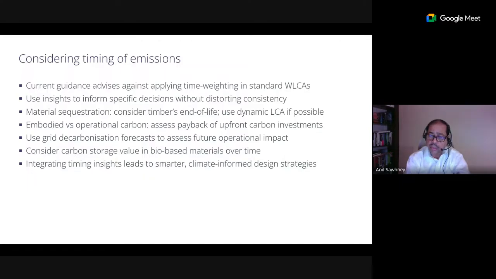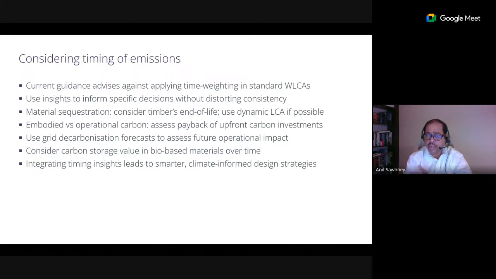Maybe you already use it, but in industry practice we are using static LCA, so time weighting is not being considered. Use insights to inform specific decisions without distorting consistency. For material sequestration, consider timber's end of life using dynamic LCA if possible. So start small, maybe apply dynamic LCA to timber.